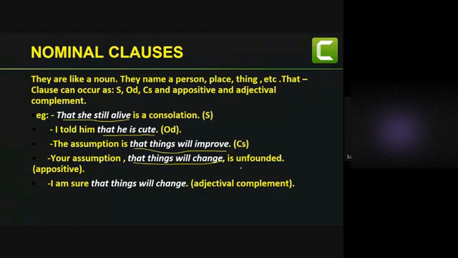This is the original sentence. Here when I have a clause between two commas, we call it an appositive. I'm sure that things will change. Here, the word sure is an adjective, and that things will change is an adjectival complement.